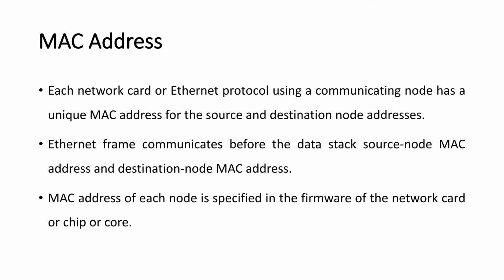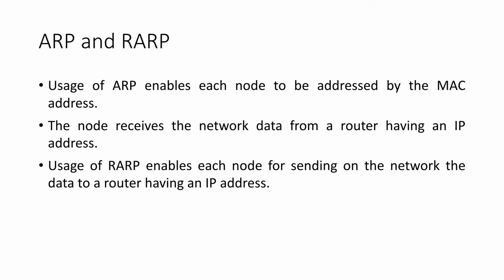The MAC address of each node is specified in the firmware of the network card, chip or core. Here ARP is used, which enables each node to be addressed by the MAC address. The node receives the network data from a router having an IP address.